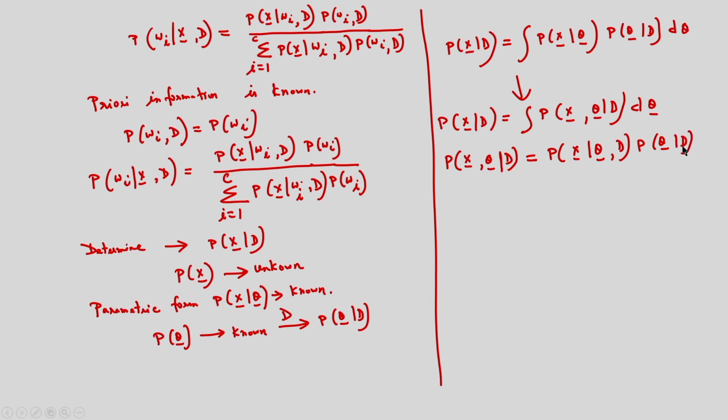I can write like this. So that means from this I am getting this one. From this I am getting this one: probability of x given D. Now because this is the important equation, probability of x given D is nothing but the integral of probability of x given theta times probability of theta given D, and that is available.